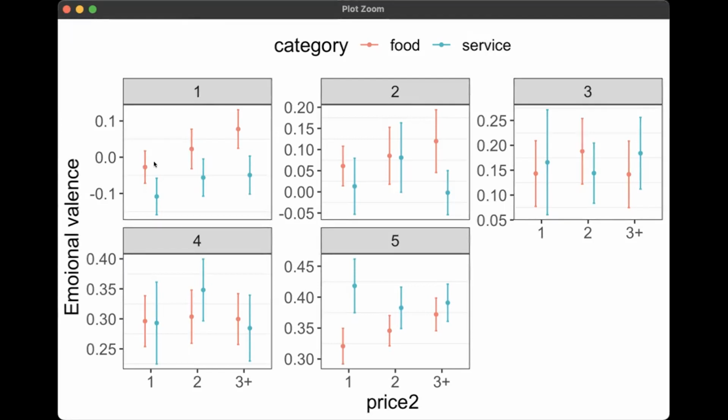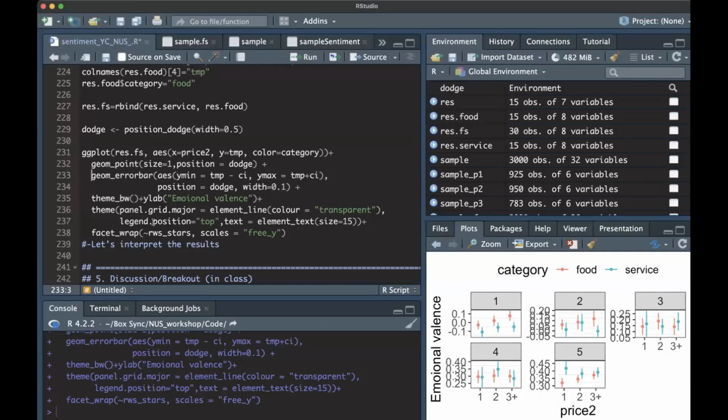So here, as you can see, I just want to give you an example of the possibilities that you can do with this code, with this kind of data.